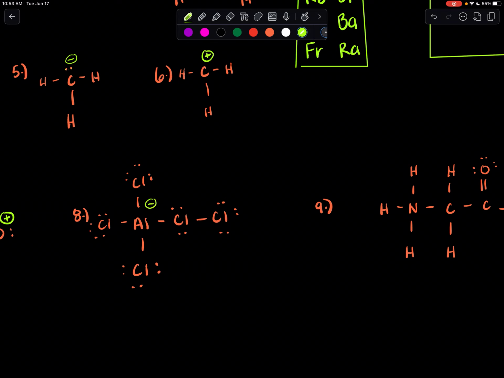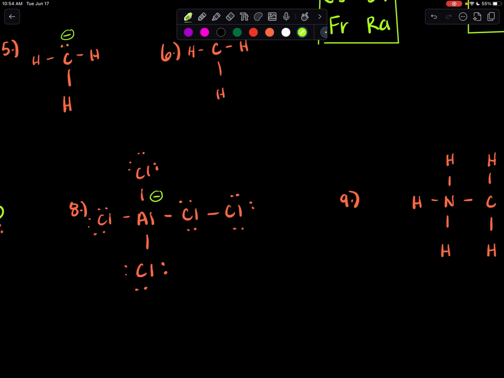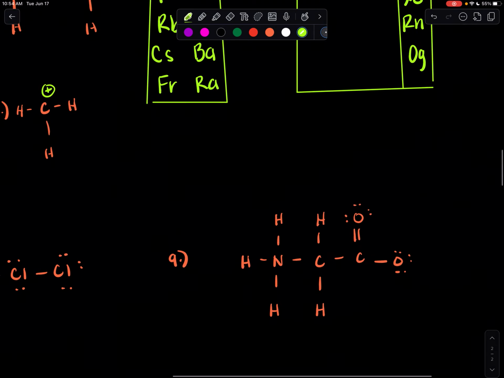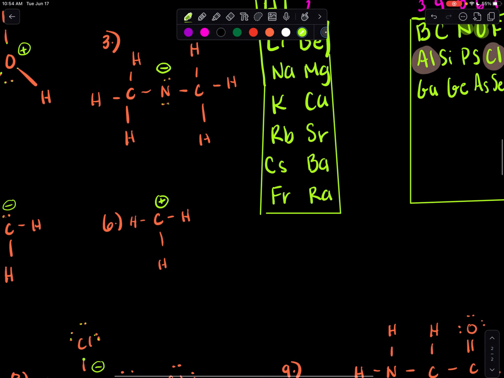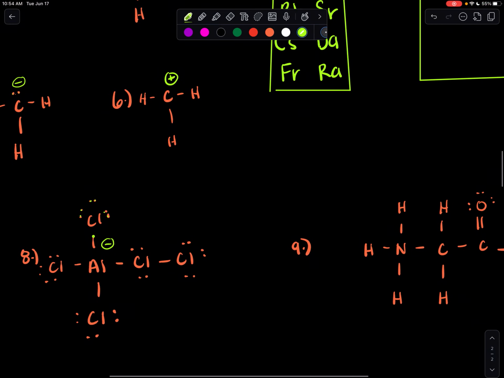Let's see if everything else looks okay. Chlorine. Let's count. 1, 2, 3, 4, 5, 6, 7. All right, so I locate chlorine, and it's right here. 7 valence electrons. So let's go back. These chlorines are okay because they have 7.